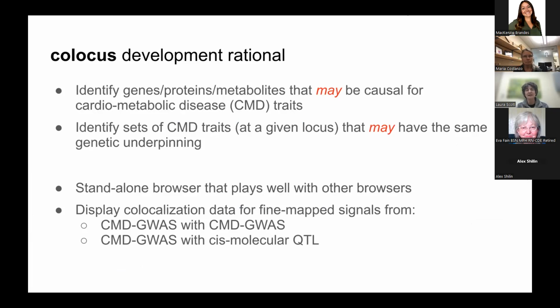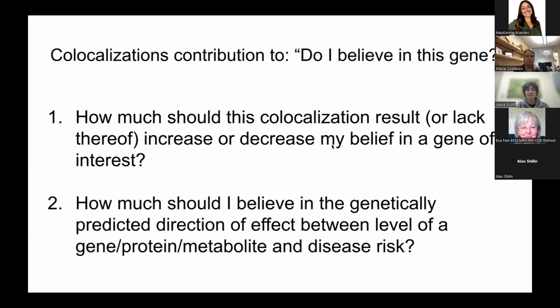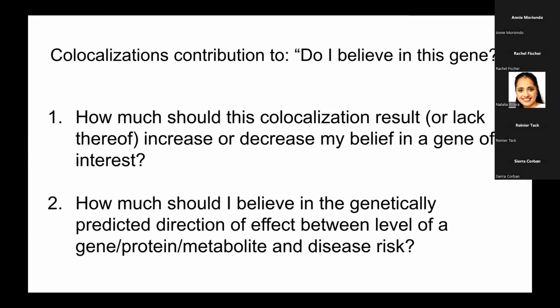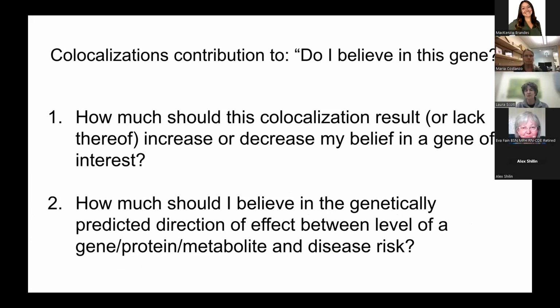And we want something that is going to play well with other browsers, because it's going to be part of the knowledge portal and potentially other browsers. So what we want to know, and why we're building this, is how much should this colocalization of this gene with this GWAS, or lack thereof, increase or decrease my belief? How much should I believe the genetically predicted direction of effect between level of a gene, protein, or metabolite, and disease risk?